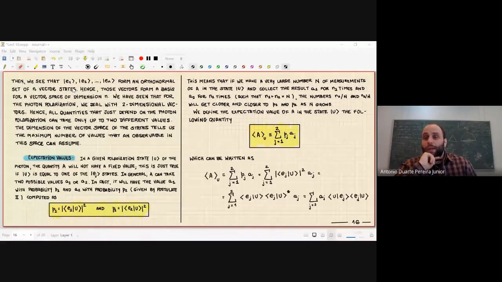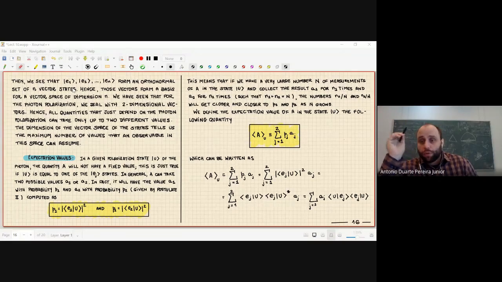Okay. So we are discussing up to now the polarization of photons, and we have seen that the photon polarization is described by a column vector with two entries.